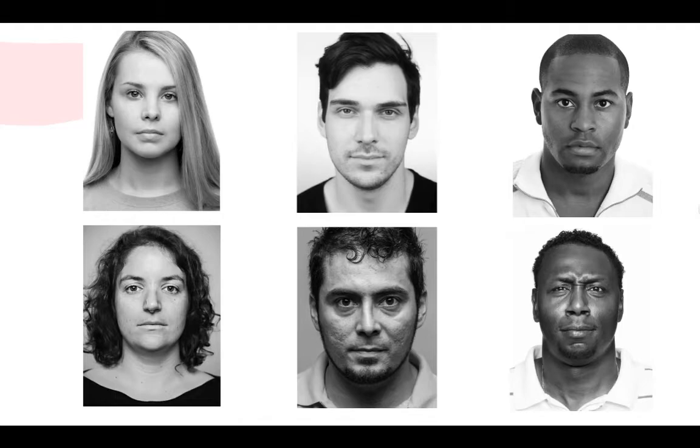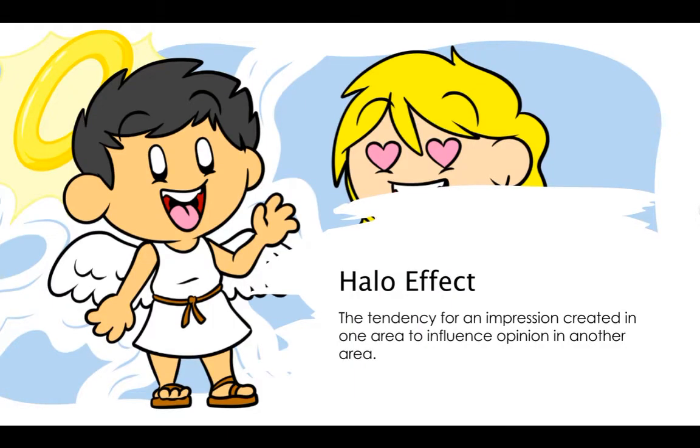So there's a name for the phenomenon that you just experienced, and it is what we refer to as the halo effect. The halo effect is the tendency to allow one's impressions that are created in one area to influence their opinion in another area. So if it was good looks, you assume then that they are smart, they are nice, they are capable, they are hardworking.